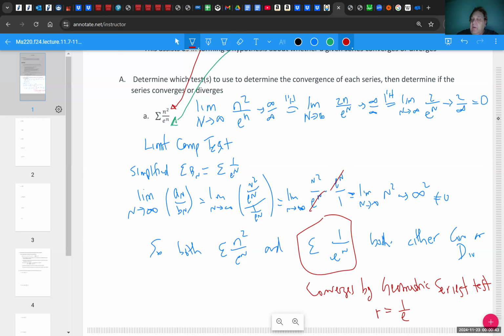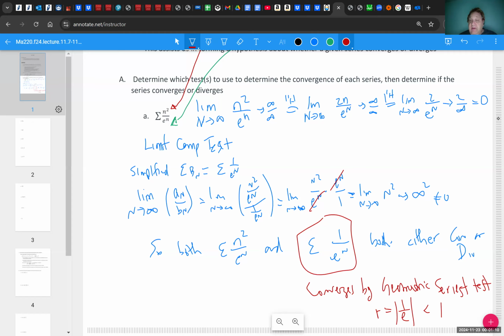If that ratio is less than 1, then we know the series converges. It's actually the absolute value that is less than 1, but in this case it's definitely less than 1. I'll put the absolute value bars here so people remember that it could be negative as well as positive, and it still converges by the geometric series test.